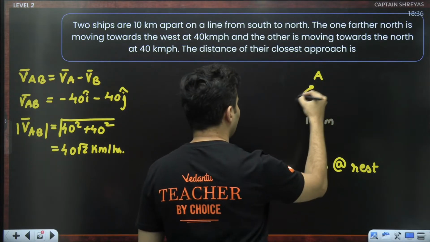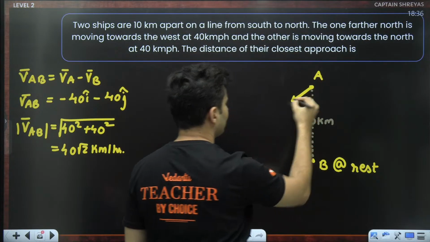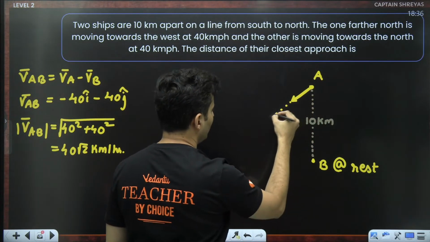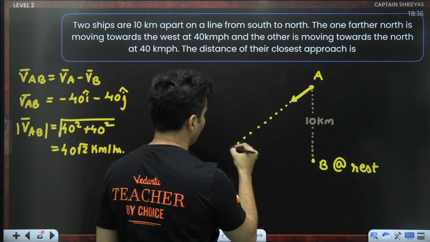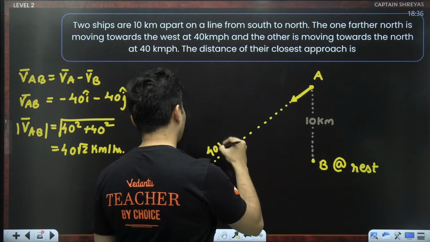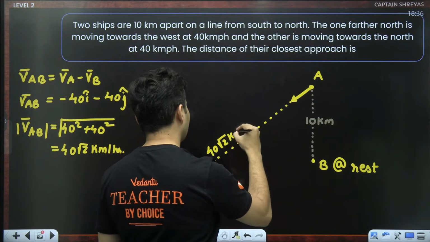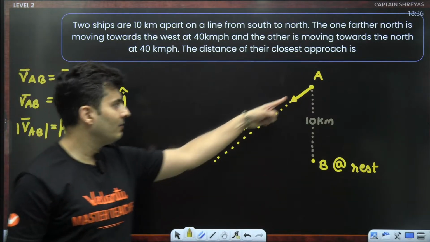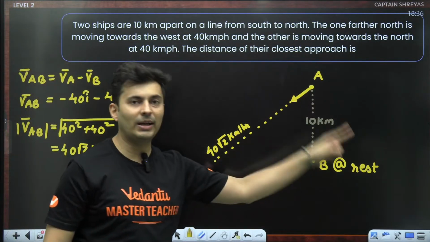So the net velocity will be like this, and the ship will continue to go in this particular direction. Perfect. And with what speed? With a speed of 40 root 2 kilometers per hour. Isn't it amazing? This is the direction in which A appears to move with respect to B.